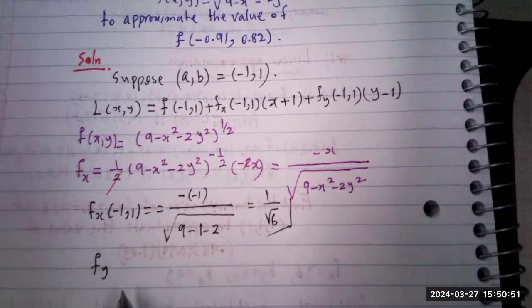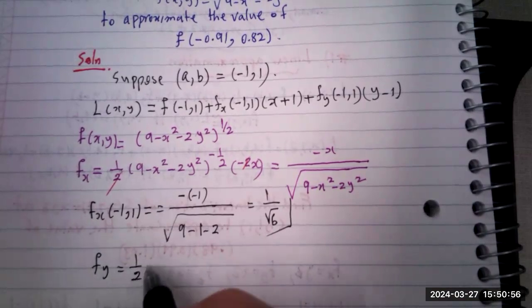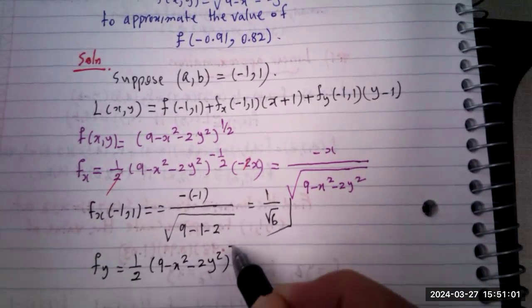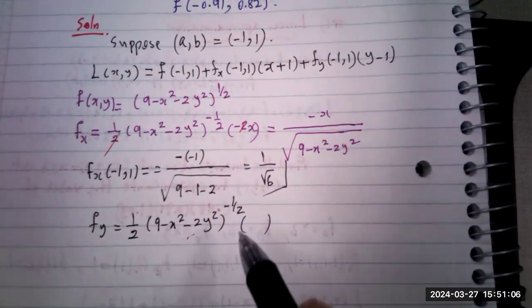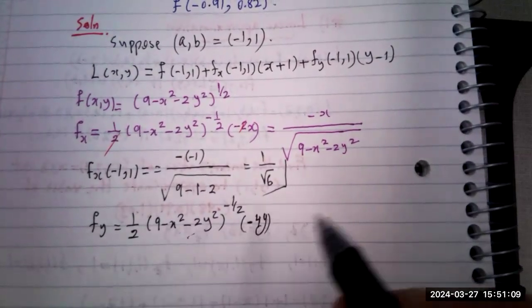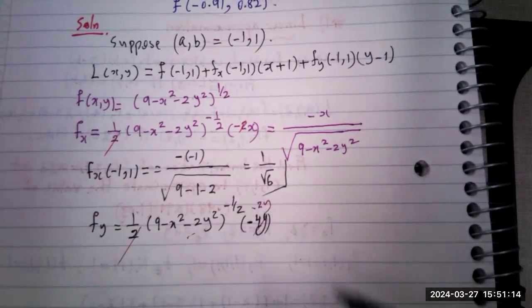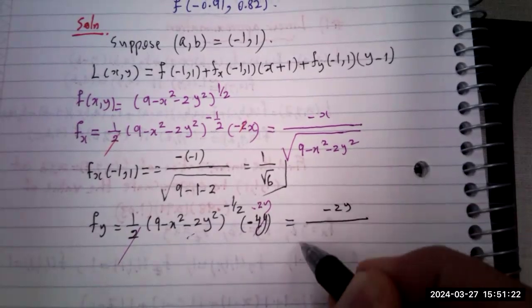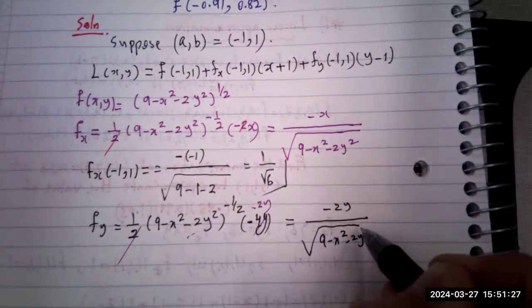So we have to find f sub y, the partial with respect to y, very similar. It's going to be 1/2 times (9 minus x squared minus 2y squared) to the -1/2 times the derivative with respect to y, which is -4y. Again, you can simplify one of the 2's here, so that gives me -2y. So if you rewrite it, this time you arrive at -2y over radical of 9 minus x squared minus 2y squared.